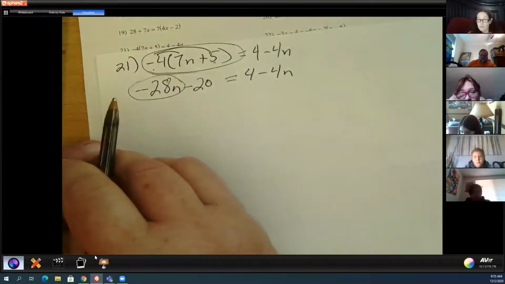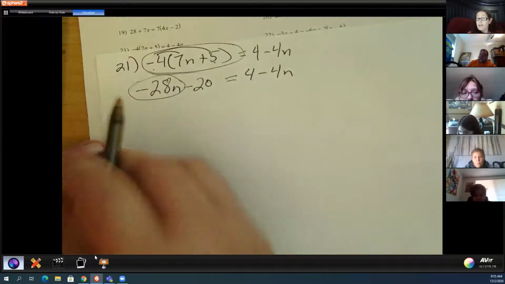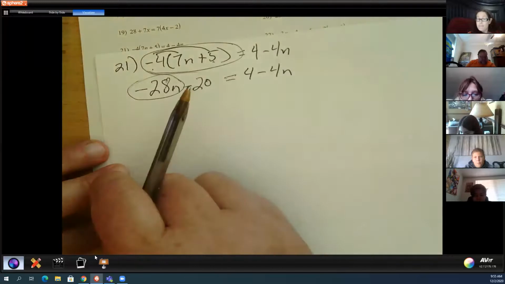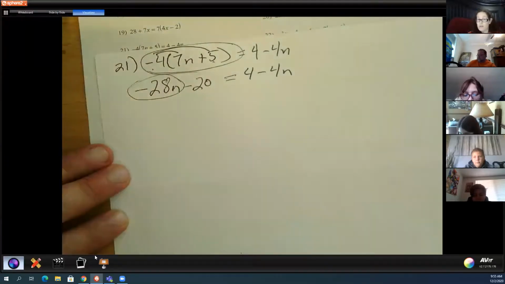You divide by -20. Really close. Not yet, because we're not alone yet. So we're going to add 28 groups of n to both sides. We're not going to divide it out yet, because that would just get us to one group of n, and then we'd still have n on both sides.